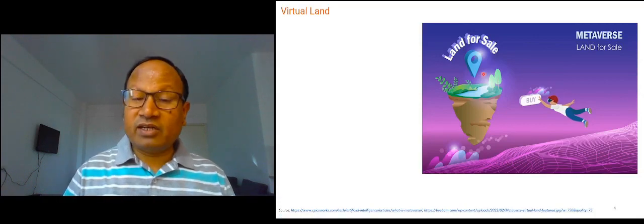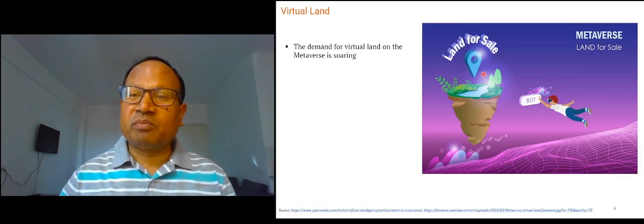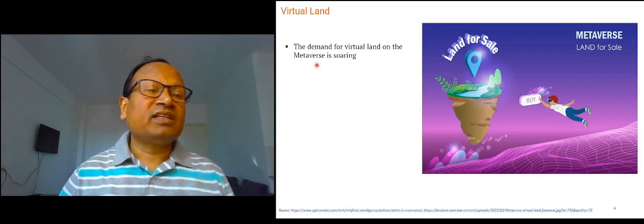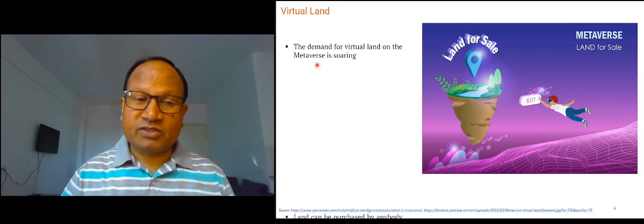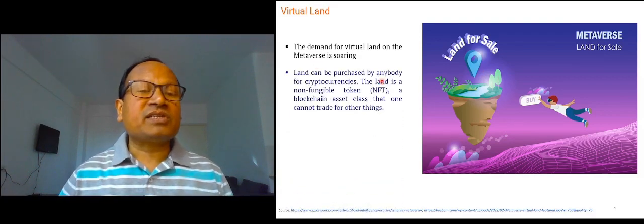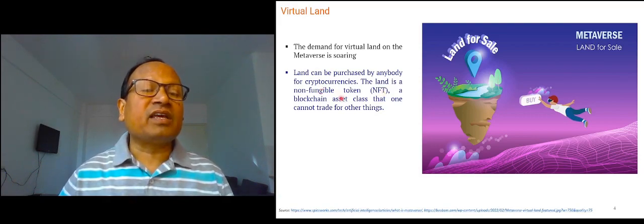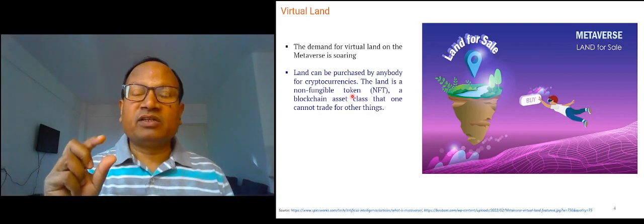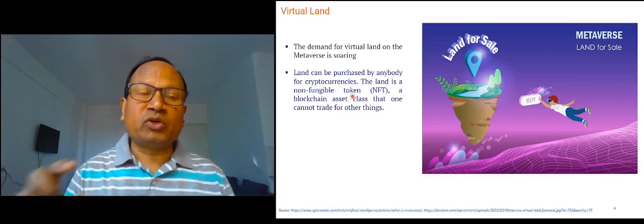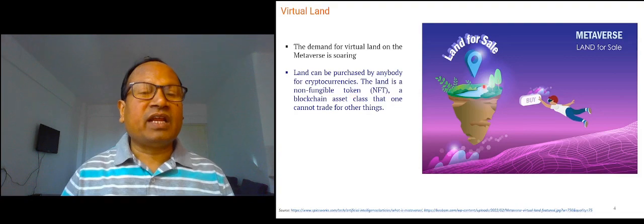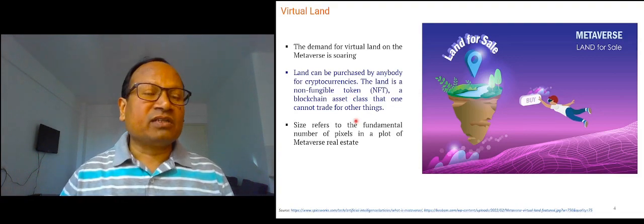So virtual land can be available to buy. You can see here the demand for virtual land on the metaverse is soaring now. Land can be purchased by anybody for cryptocurrencies. One is required to have cryptocurrency. The land is a non-fungible token. So everyone will have a non-fungible token associated with the land, a blockchain asset class that one cannot trade for other things.